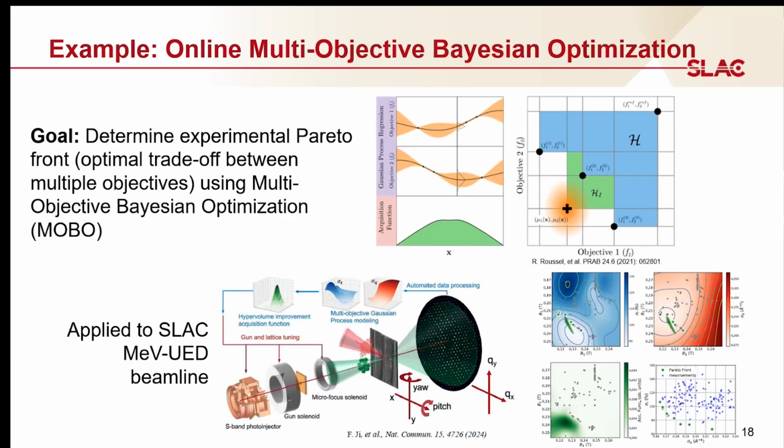In this case, we were able to quickly and efficiently find the optimal trade-off between the spot size of the electron beam on the sample and something called the Q resolution, which is essentially the resolution in Fourier space. And so this allows experimenters to identify the ideal trade-off between these two objectives and then to select the working point that they want to use for the actual accelerator.